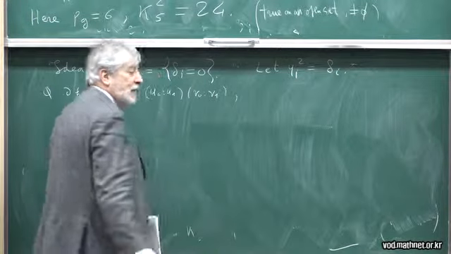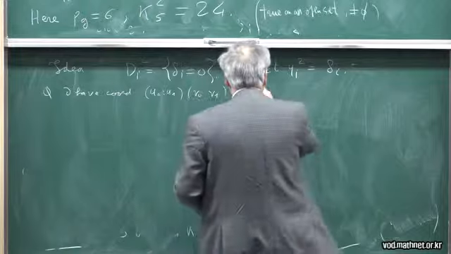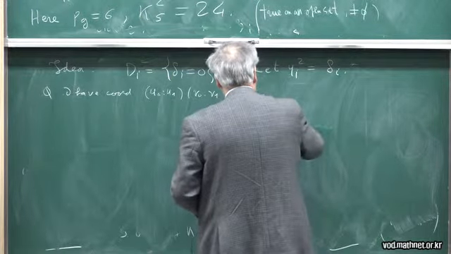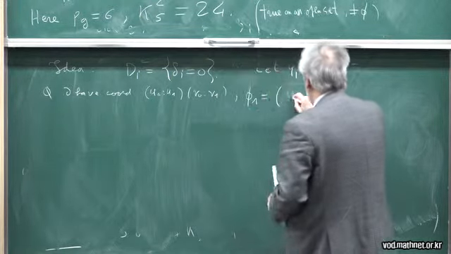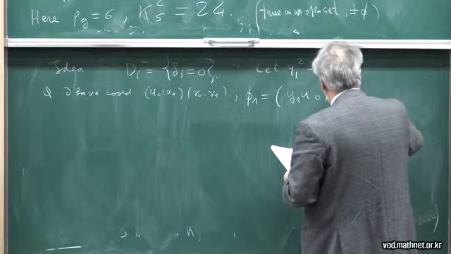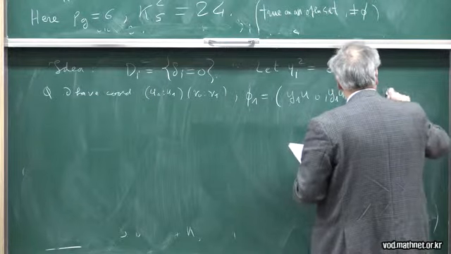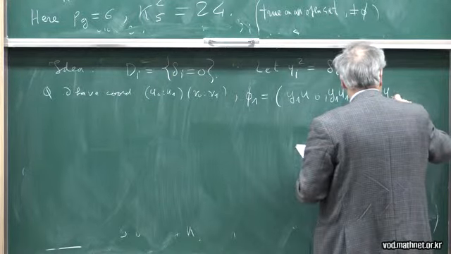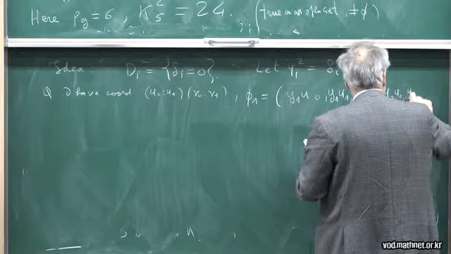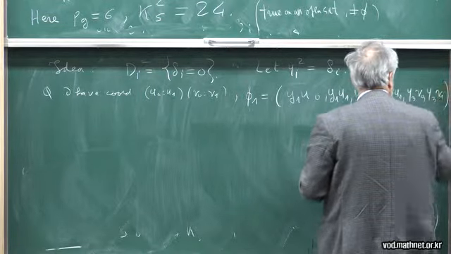And now it turns out that the canonical map is given by y1 u0, y1 u1, y2 u0, y2 u1, and then y3 v0, y3 v1.